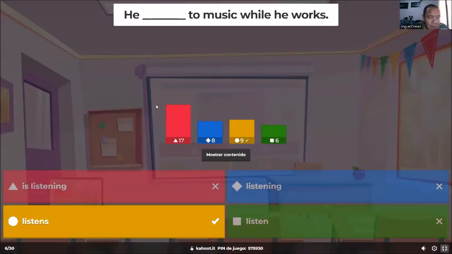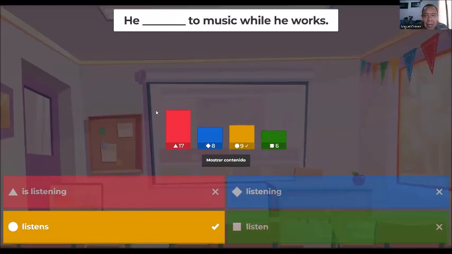The correct answer, he listens to music while he works. In this case, the coherence between the first and the second verb has to be the same. Listens and works.